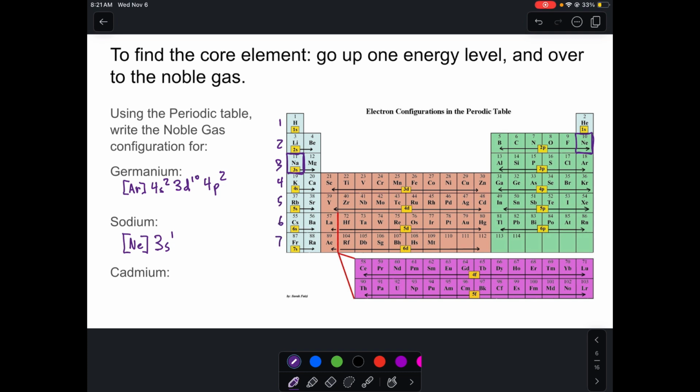Now cadmium. Go ahead and pause. Do cadmium. Let's find cadmium. All right, and the most previous will be krypton.